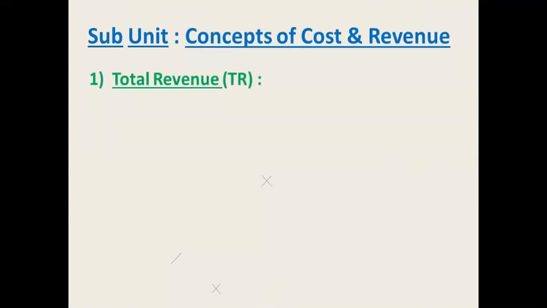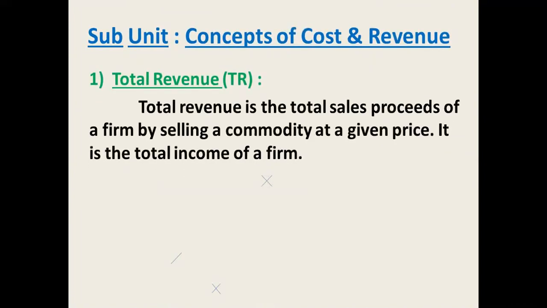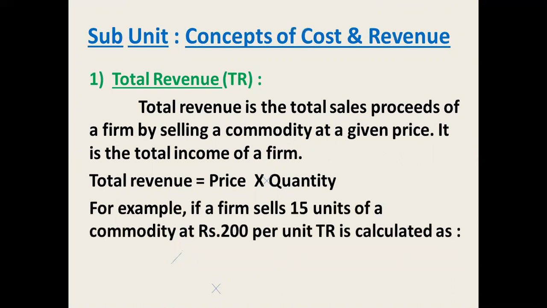Let us discuss the first type of revenue, that is the total revenue, and the short form is TR. So what does the total revenue mean? The total revenue is the total sales proceeds of a firm by selling a commodity at a given price. It is the total income of a firm. Basically, the total revenue means the total sales of that commodity.